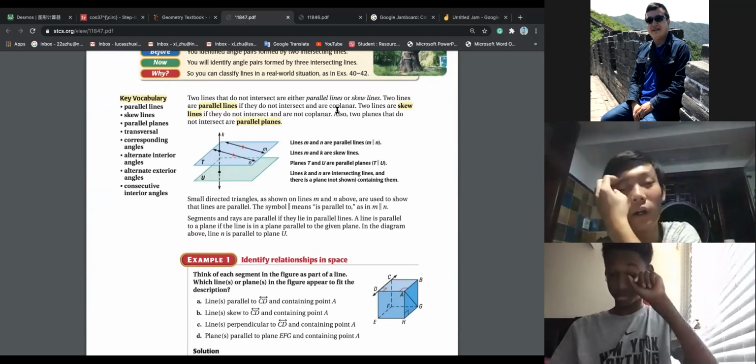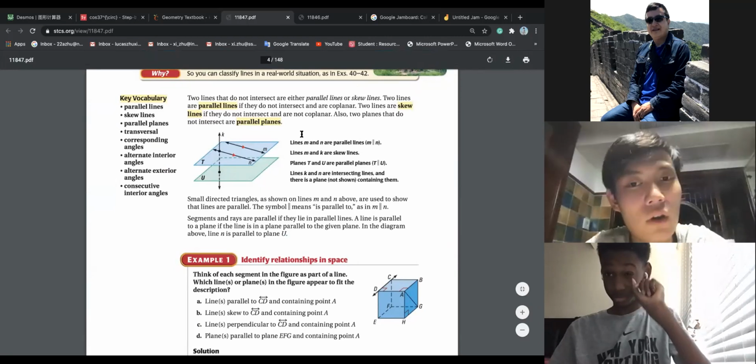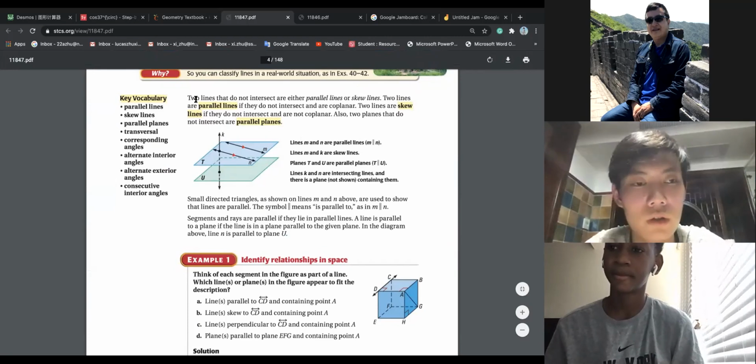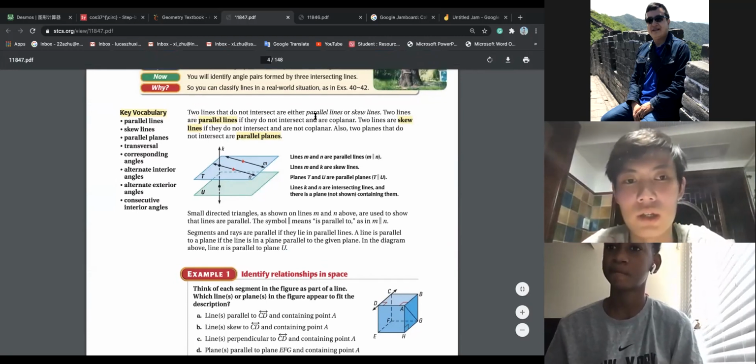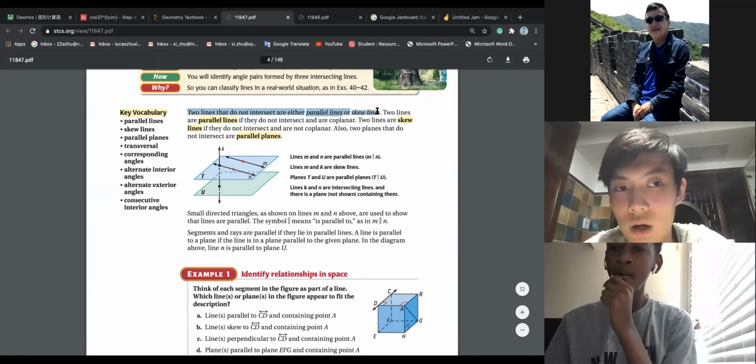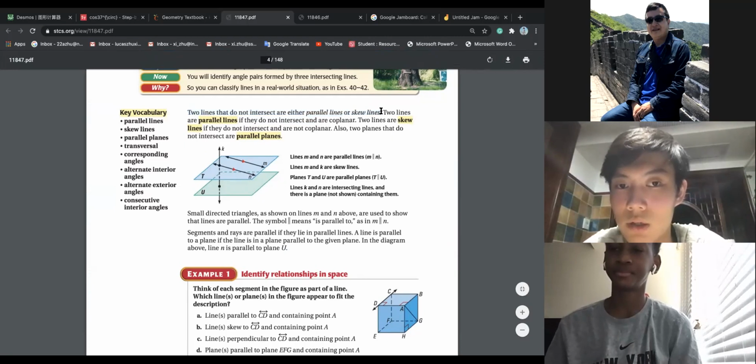So a new word, skew lines. Have you heard of skew lines before? No. Okay, so let's do it. Two lines that do not intersect are either parallel or skew lines. Remember that. Two lines are parallel lines if they do not intersect and are coplanar.